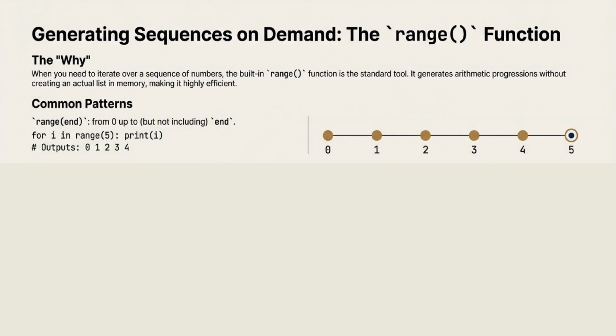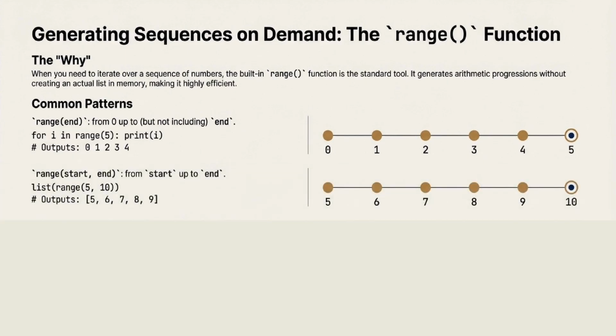The first form is range(end). Here, Python generates numbers starting from 0 up to but not including the end value. For example, range(5) produces the values 0, 1, 2, 3 and 4, which is exactly what we see in the output shown on the slide.